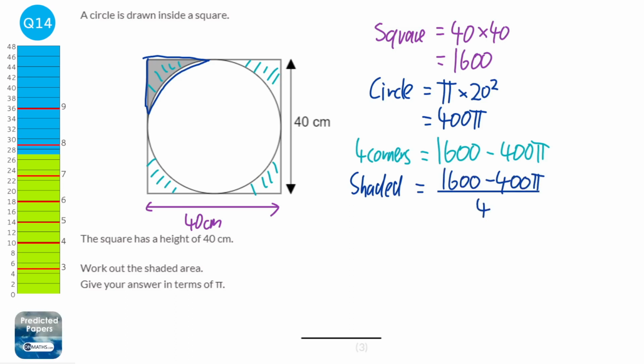We can divide all of the terms by 4. So that will leave 1 at the bottom, 100 pi here, and 1600 divided by 4 is 400. So we're just cancelling the fraction, and actually we leave it as 400 minus 100 pi, and that indeed is our answer. You can't simplify that any further.